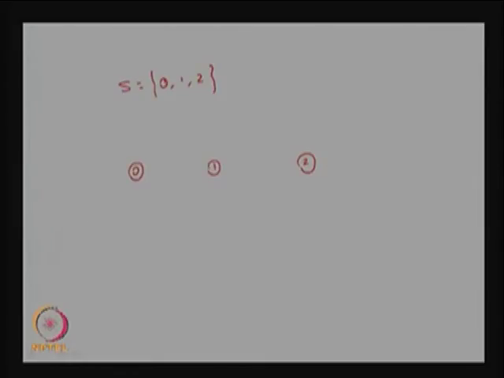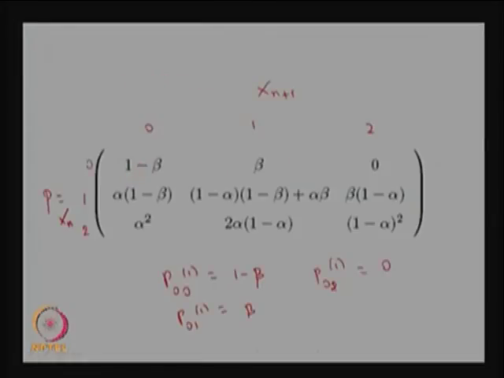Now, by seeing the one step transition probability matrix, you should make the arc from 0 to 0. A self loop is allowed if the probability is greater than 0. So you should draw the self loop from 0 to 0 with the arc value 1 minus beta, and you should draw the arc from 0 to 1 with the arc weight beta, and you should not draw any arc from 0 to 2 because that probability is 0.